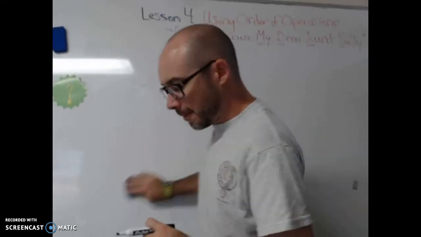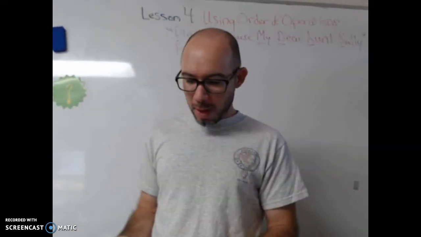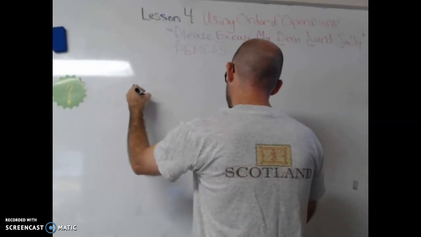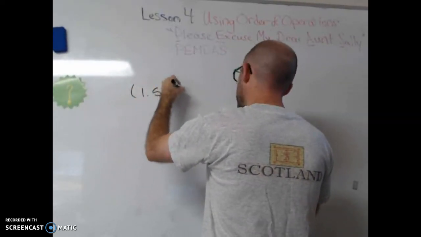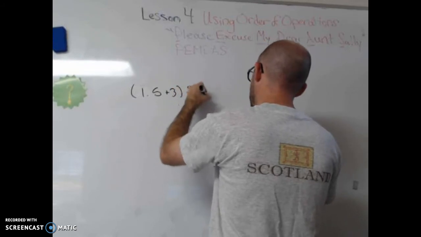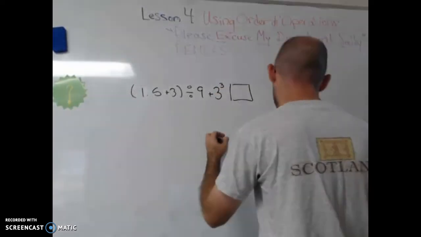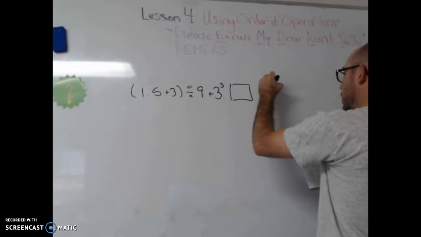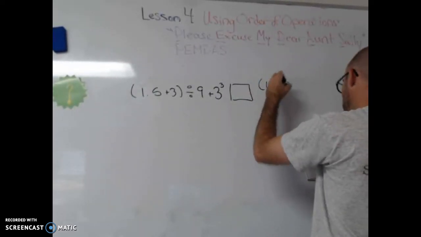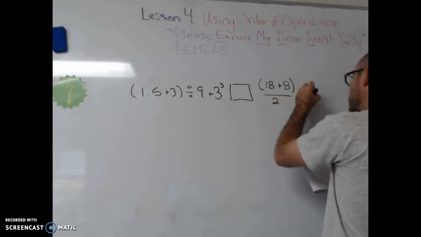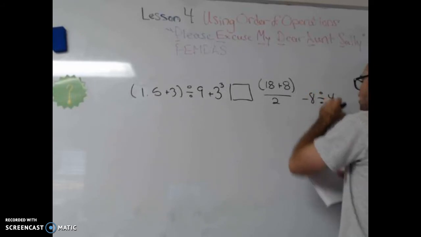And then lastly, they have a problem about comparing things. Basically, they give you one expression on the left that you need to solve. They say put in the right symbol in here to say if the left side is greater than or less than or equal to what's going on over here.